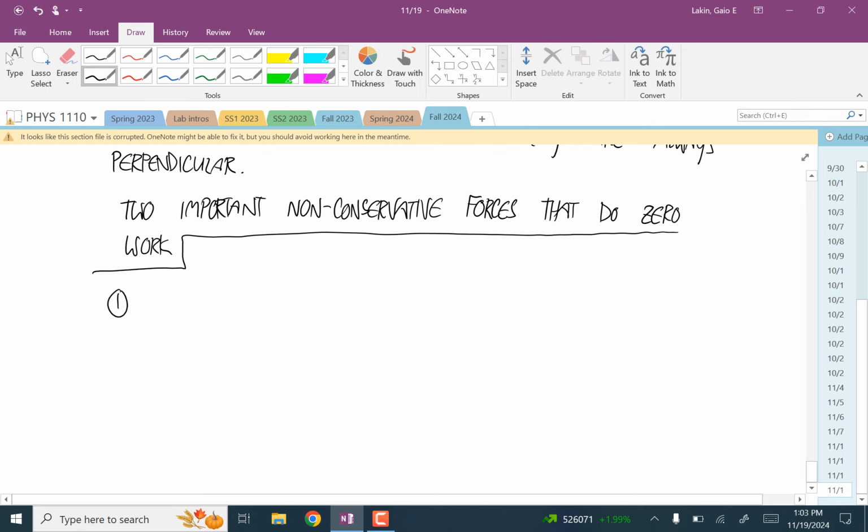The first one is normal forces in rolling and sliding.